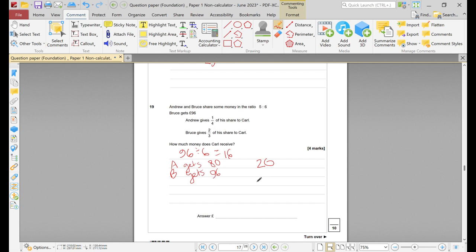He gives 2/3, so he gives 32 times 2. That's 64. That's quite a bit, man, to Carl. He gives 20. So that is 84. So in the end, he gets 84 quid.